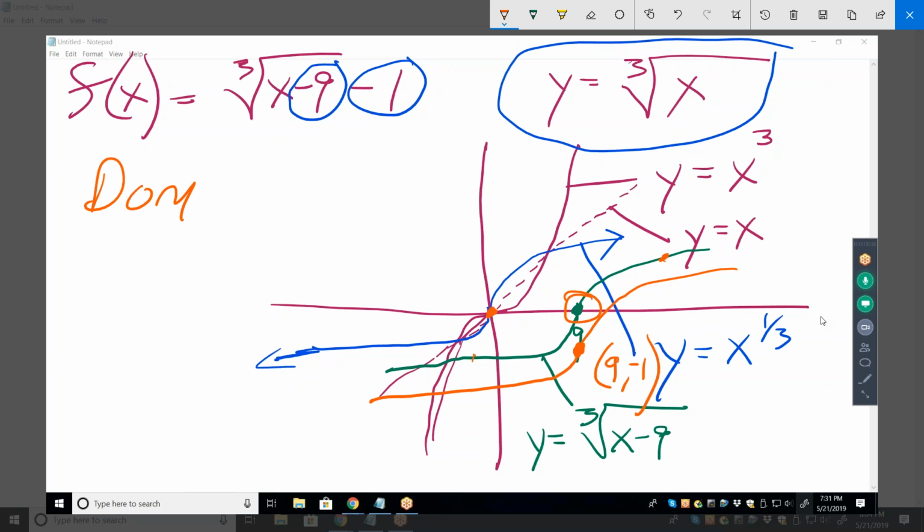Now, domain. Look at that orange curve, and force your eyes to look left to right. Where's the left side headed?